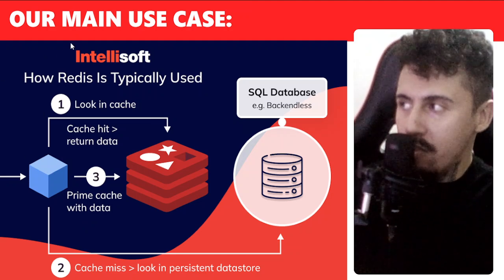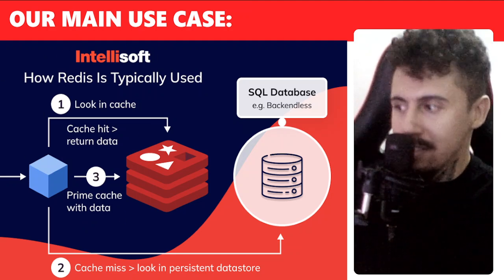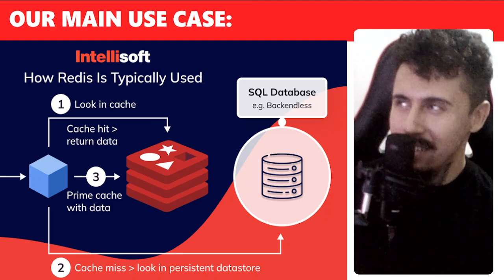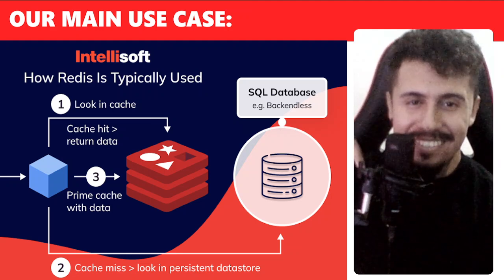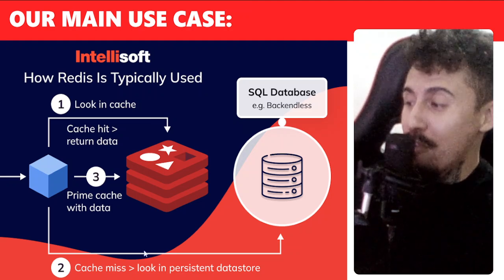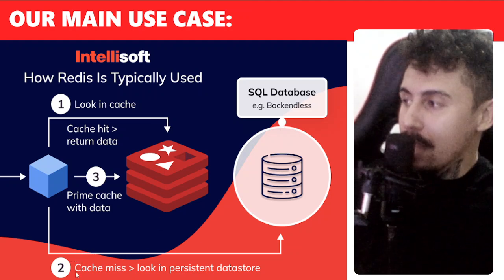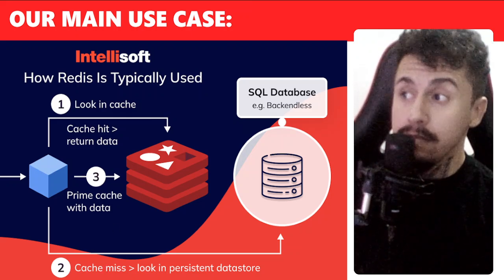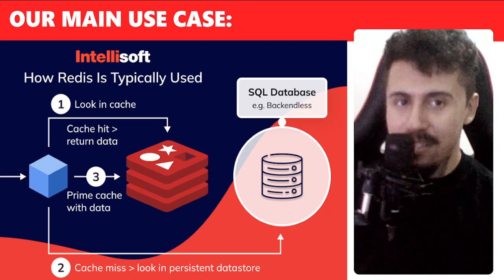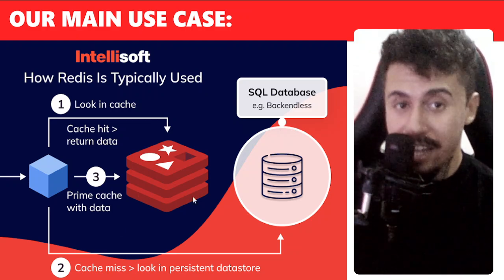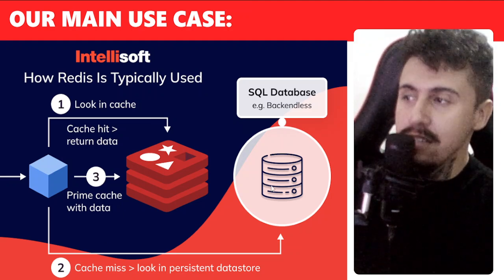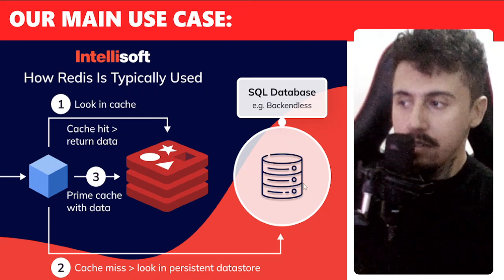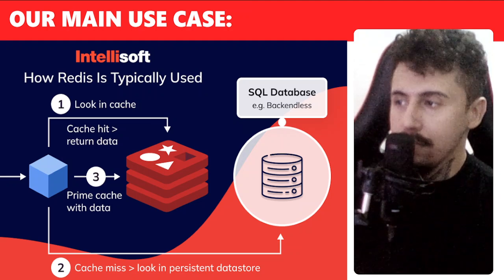Cache miss is when the data is not here in the cache, in the database that supports your caching layer. So in this case, you go to the database, look for the data, and wait.